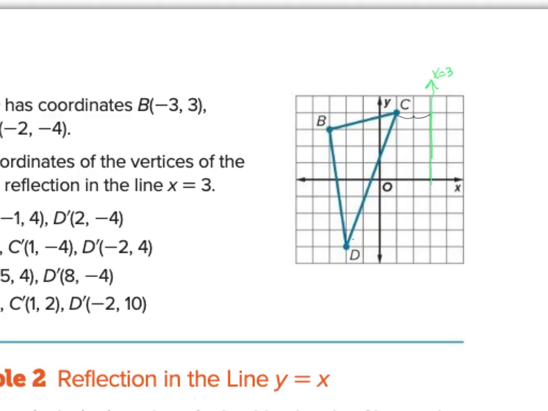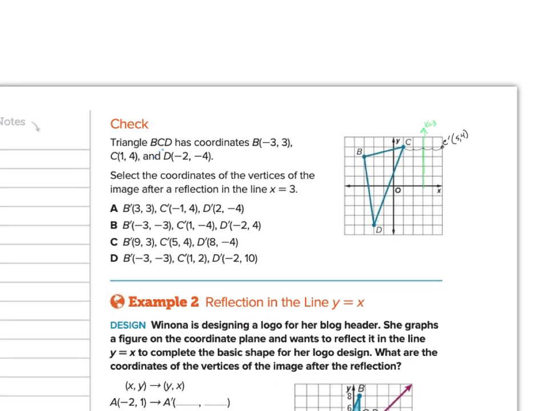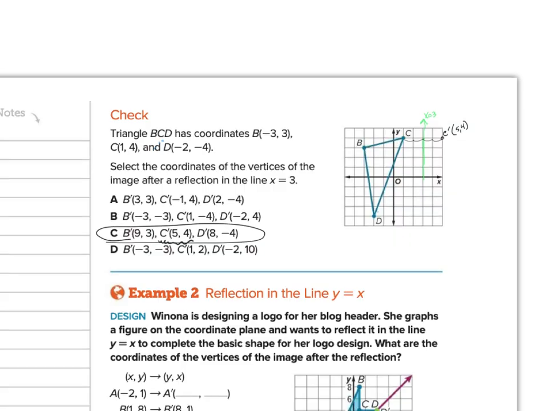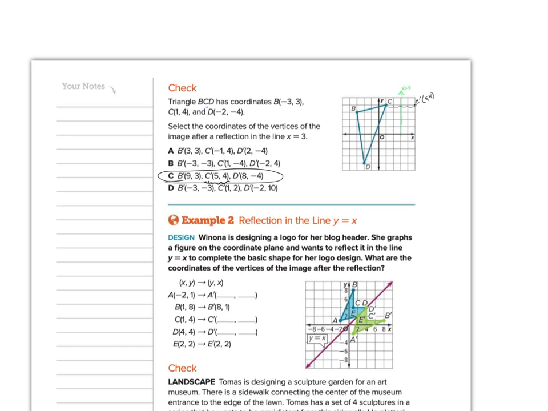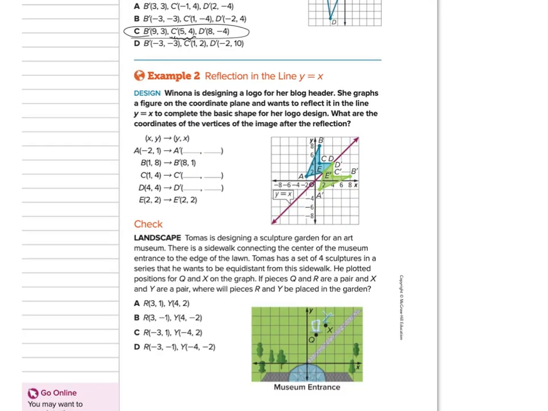Well, I'm 1, 2 away, so I'm going to go 1, 2. C prime should be right there, which is 5, 4. I don't have to do the whole triangle to figure it out. Which one of my answers has C prime as 5, 4? That one. Right there. So yeah, some things can be a little bit easier done, using the graphs that are available to you and doing a little bit of functions.